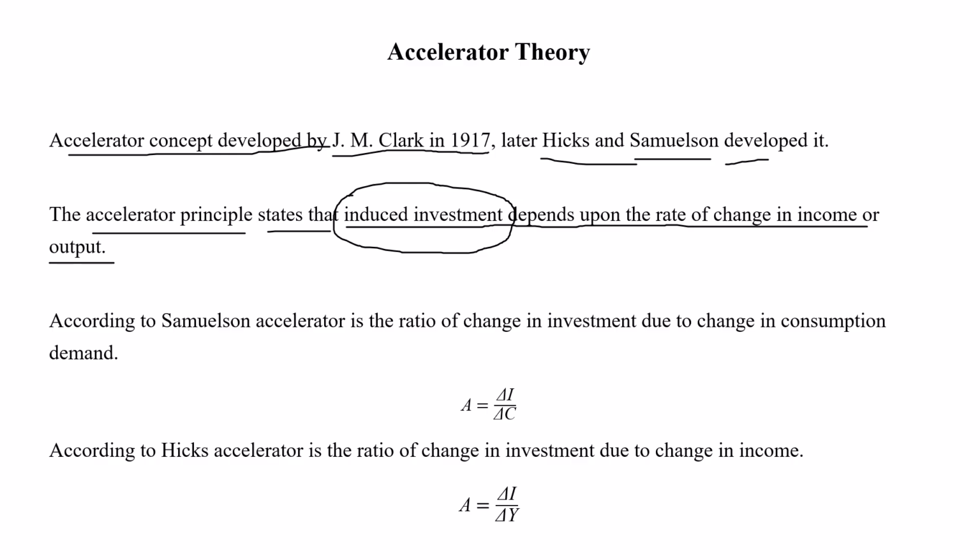So that bakery needs to hire more workers and buy new equipment through investment. It means the increase in investment depends on the consumption demand. I hope you got it. This is the example for the accelerator concept.